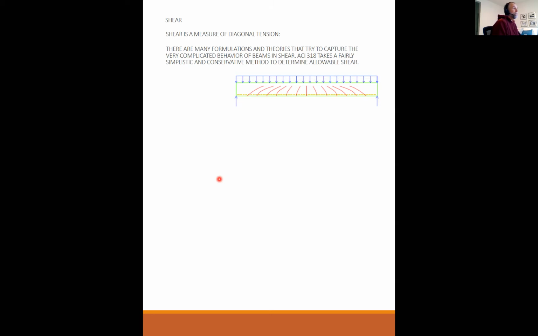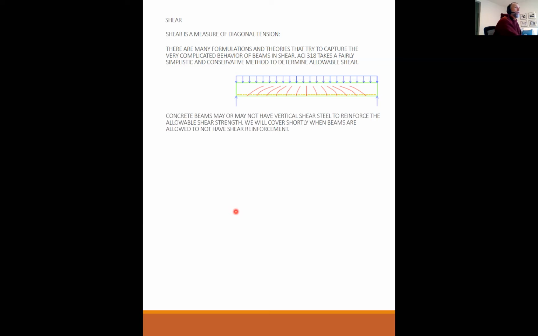They're all just different models that get different degrees of accuracy in predicting shear behavior. But the real behavior, what the beam really, really does, is super, super complicated. And we don't really need to get into how complicated it really is, because we're just going to look at it from the code perspective, which is fairly simplistic.